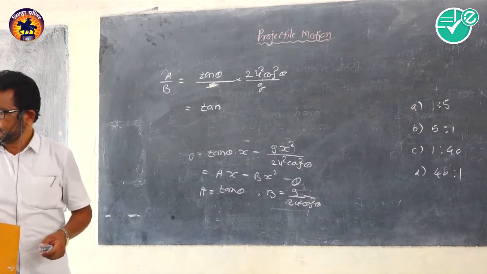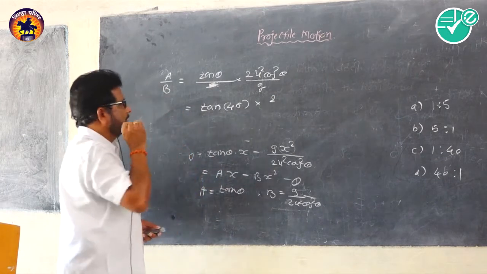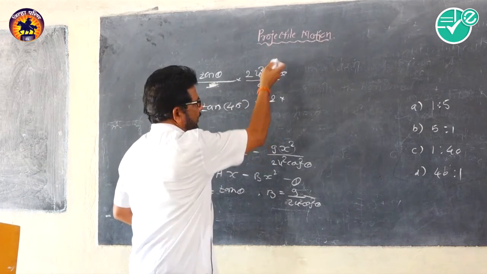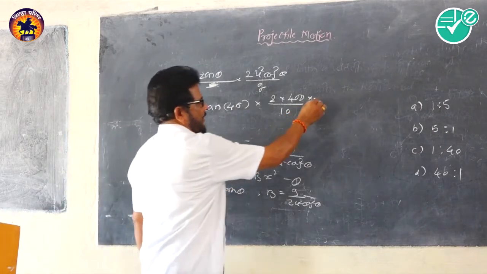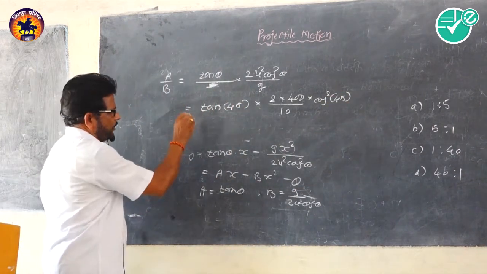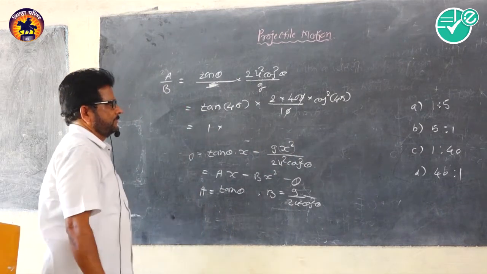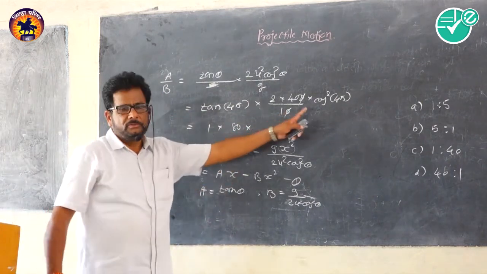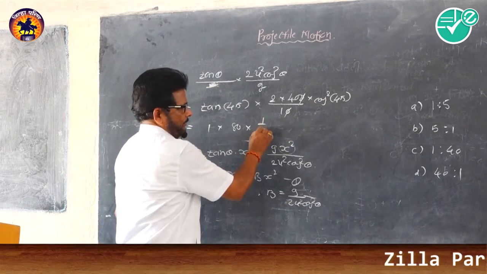Here the angle of projection is 45 degree given, and therefore tan 45 into 2 u square, initial velocity is 20, that means square of 20, that means 400, divided by g 10 into cos square 45, and therefore tan 45 is 1 into this 10 cancels, 2 into 40 is 80 into cos square 45, but cos 45 is equal to 1 by root 2, and therefore square of this is 1 by 2.